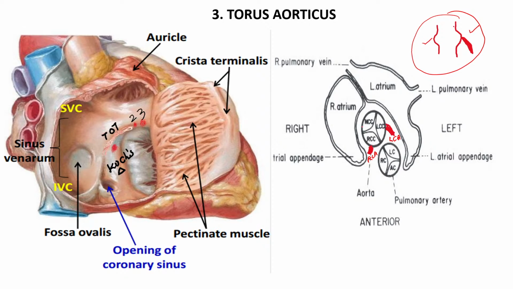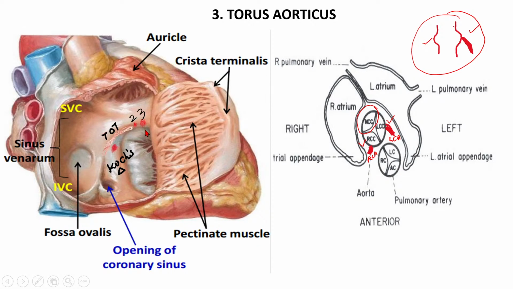From 2 of the sinuses, the right and the left coronary artery take origin, but one sinus is named the non-coronary sinus, from which no coronary artery takes origin. This non-coronary aortic sinus also forms a bulge in the right atrium, marked as the Torus Aorticus, number 3 here.